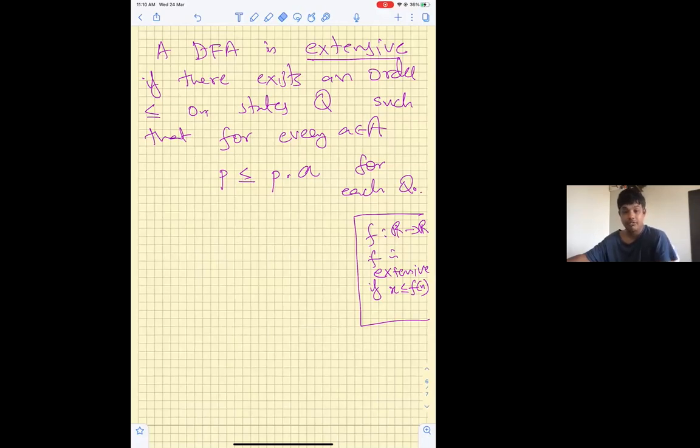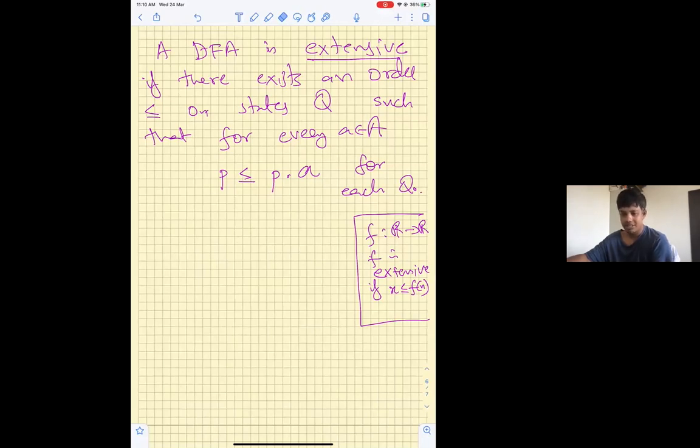So the transition function, it's a function. Yeah, the transition function is extensive. Or in other words, for each letter, the transition function is extensive.